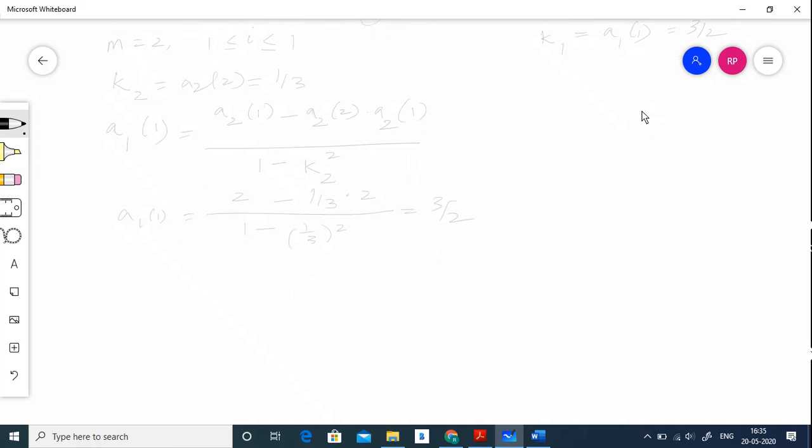Now by making use of them, I can realize the filter with the help of a lattice structure, and that particular structure will look like this. So I'm going to draw that lattice structure now for order n is equal to 2.